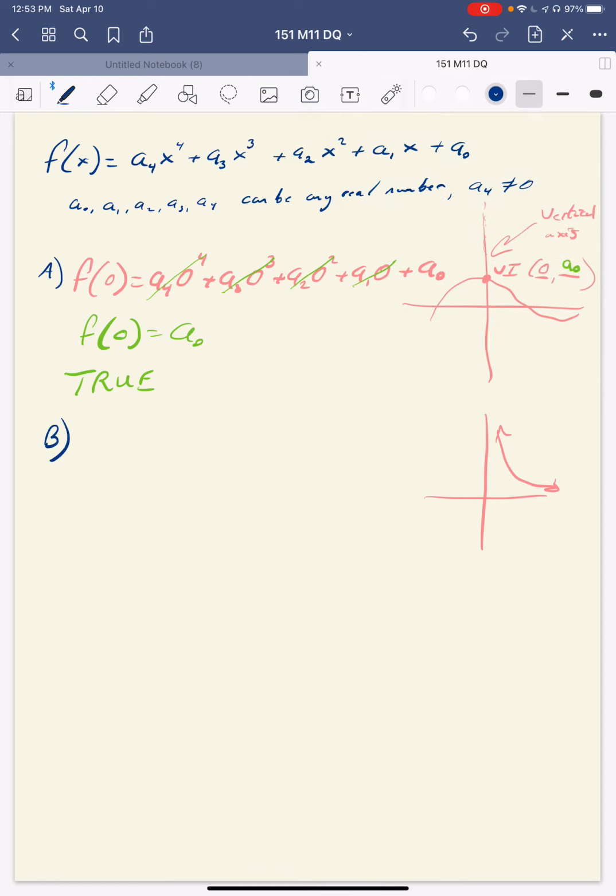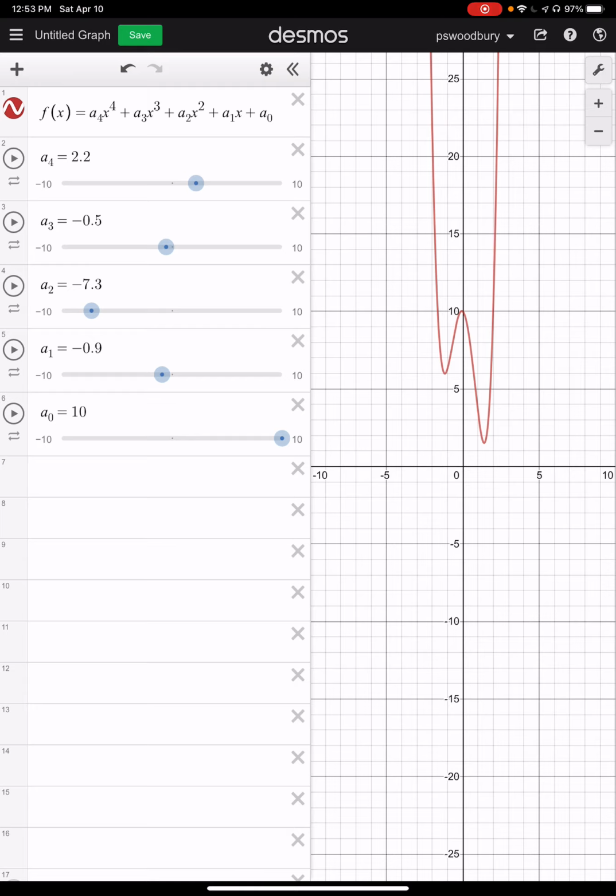B. This statement is f of x intersects the horizontal axis in at most 4 points. And then I'm going to look at B and C at the same time. C says f of x intersects the horizontal axis at least once. So I'm going to go back over here to Desmos, and just this one example that I have here right now in Desmos, just by chance, shows that this function f of x is not crossing the horizontal axis at all.